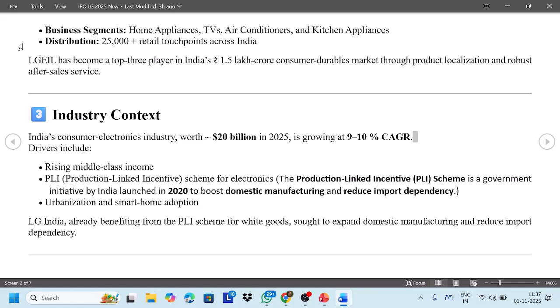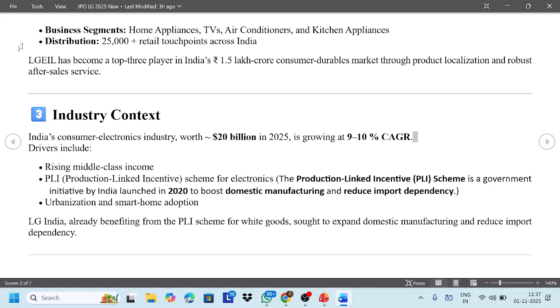The Production Linked Incentive Scheme is a government initiative by India launched in 2020 to boost domestic manufacturing and reduce import dependency. Under PLI, companies receive financial incentives, cashbacks, or subsidies if they increase their production and sales beyond a set baseline.